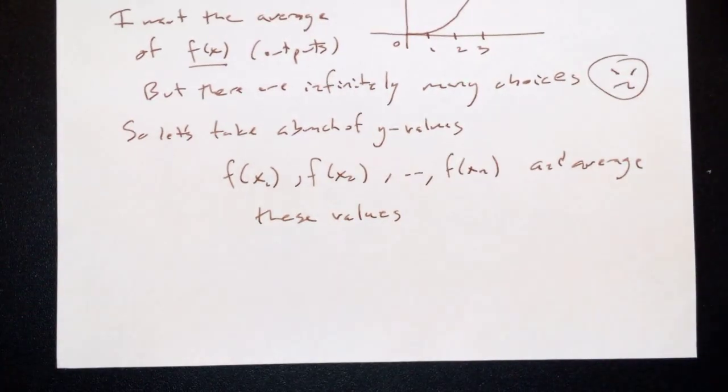In order to get a bunch of y values, I need a bunch of x values. I take the x values, I plug them in, I get the y values, I figure out what's going on.